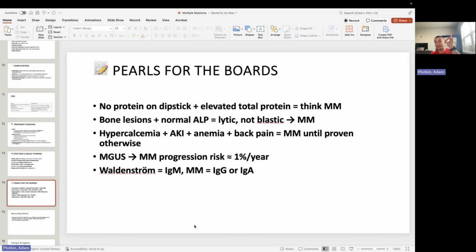But if the ALP is elevated and the GGT is normal, then maybe that ALP is coming from the bone and not the bile duct itself. ALP usually only gets released when we have some sort of osteoblastic or osteosclerotic problem. Whereas in multiple myeloma, it's osteolytic, so usually not as high an amount of ALP is being released.